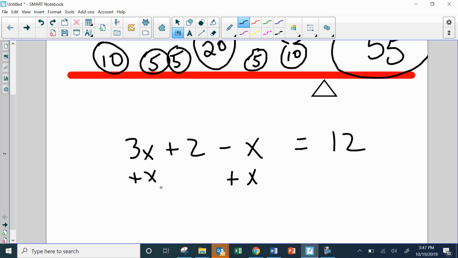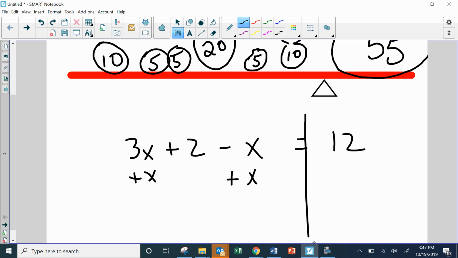We can't do that. That's like adding 2 bags of sugar to the left side of our scale. It's just going to make that side a lot heavier. You can never do 2 things to the same side. So if this is the middle of our scale, the equal sign is always the middle, even if it's not in the middle. We can't do plus x and plus x both on the left-hand side.